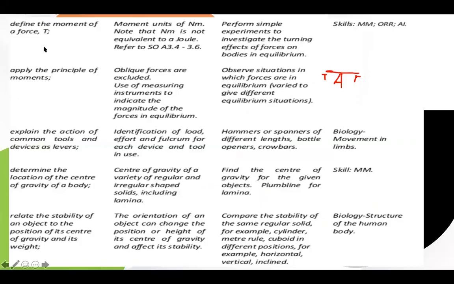All right. So we're going to define the moment of a force and apply the principle of moments, explain the actions of common tools and devices as levers, and determine the location of the center of gravity of a body.